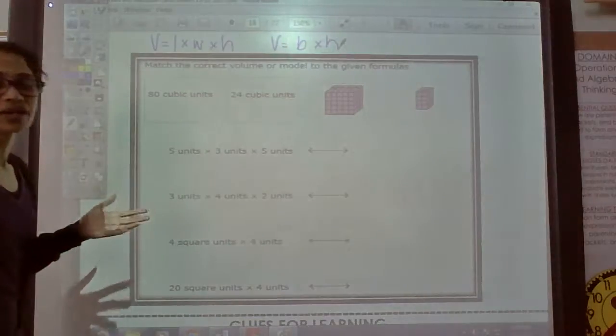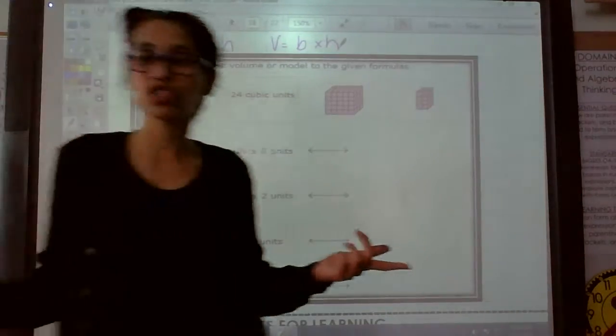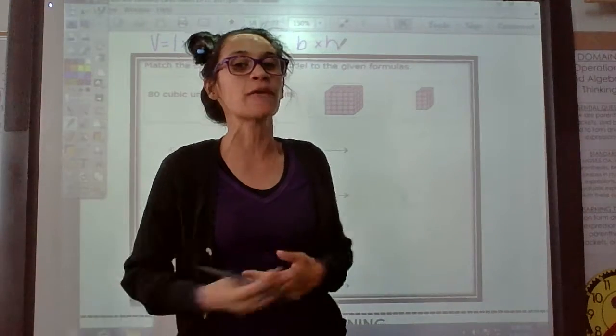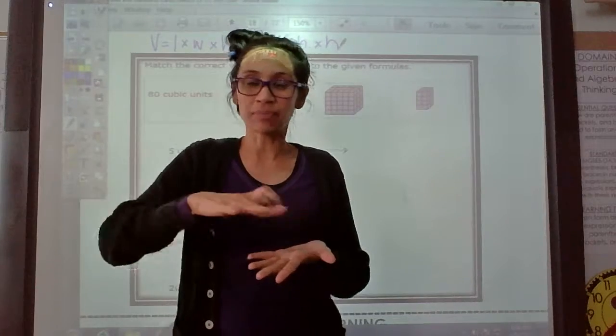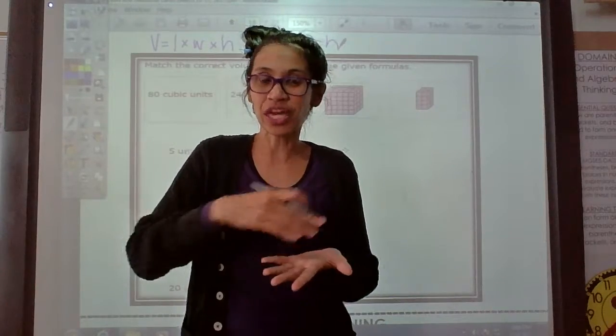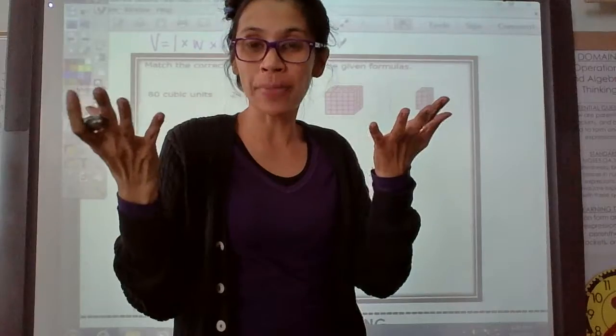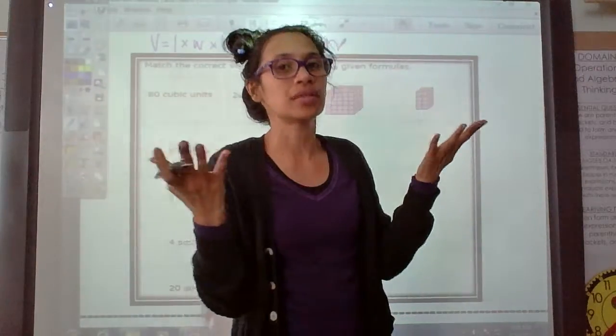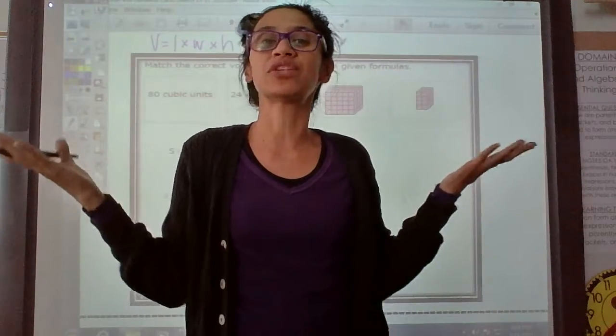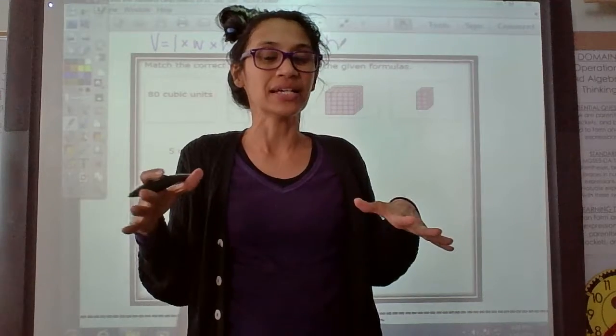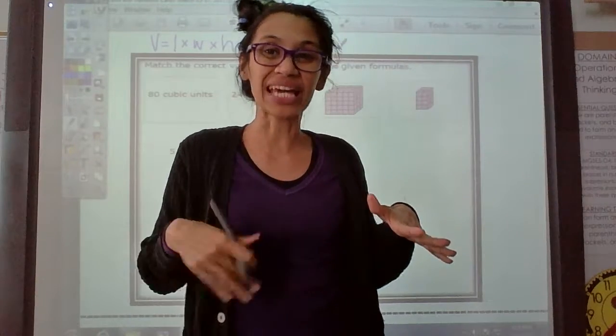Now, let me explain that. Remember, these are 3-dimensional objects, 3-dimensional figures. It has a flat bottom, which has a length and a width, and then it goes up into its height. That's the 3rd dimension. Otherwise, if it's 2D, 2-dimensional, it's just flat. Flat objects have a length and a width.